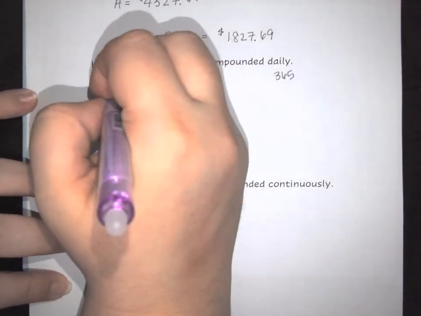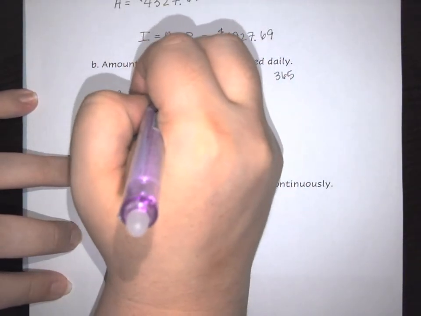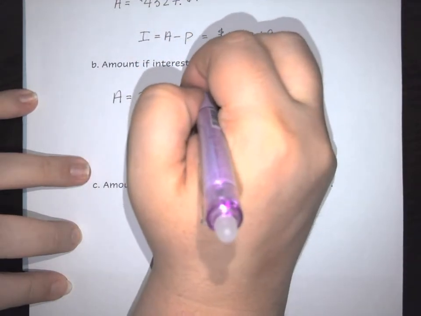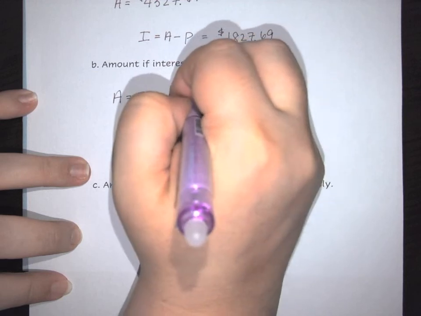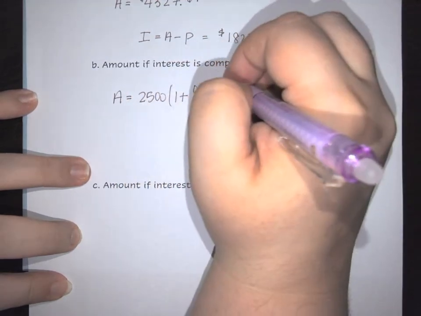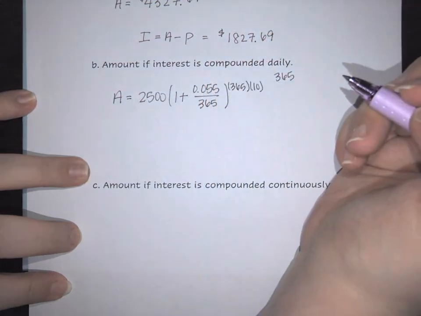So in this case, we would have that A is equal to that 2,500 times 1 plus my 0.055, this time divided by 365, raised to the 365 times my 10 years.